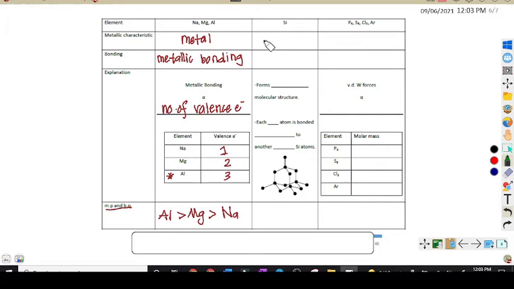For silicon, which is our metalloid, it has covalent bonds where it will form a gigantic molecular structure. So how does it form this structure? Each silicon atom, this green silicon, is bonded tetrahedrally. Tetrahedrally means bonded to another 4 silicon atoms, which are the red ones.